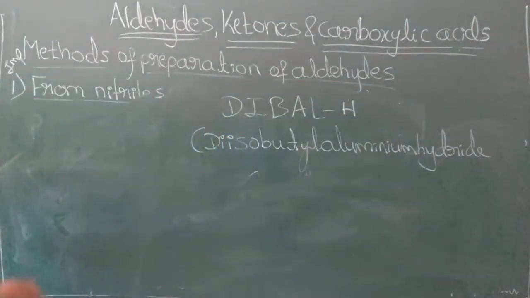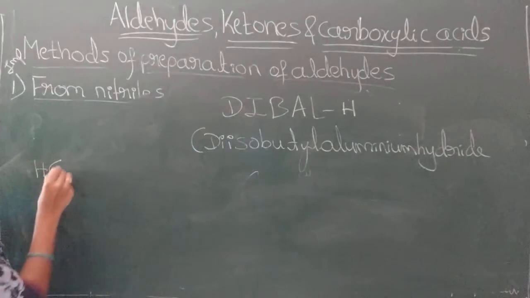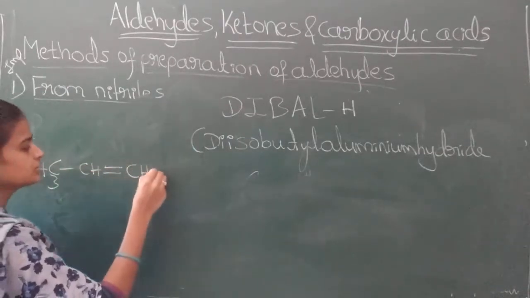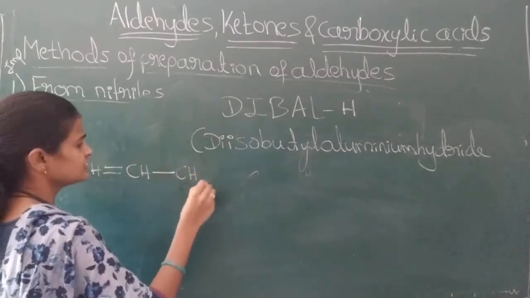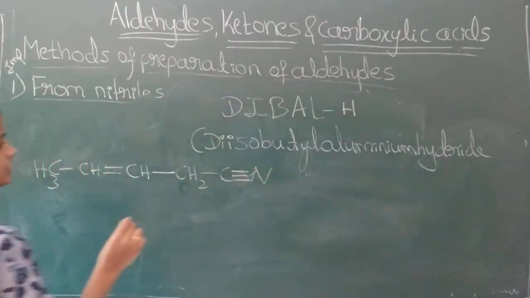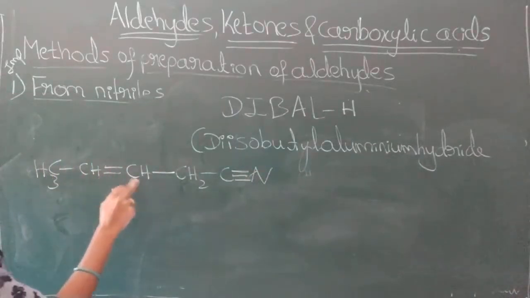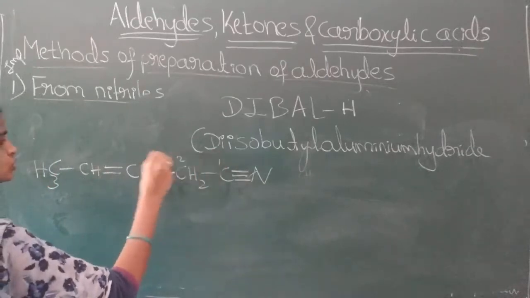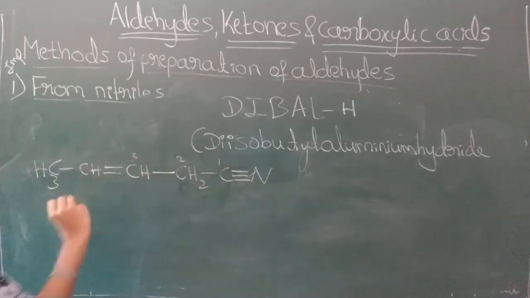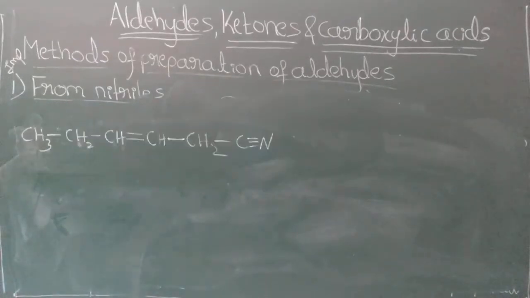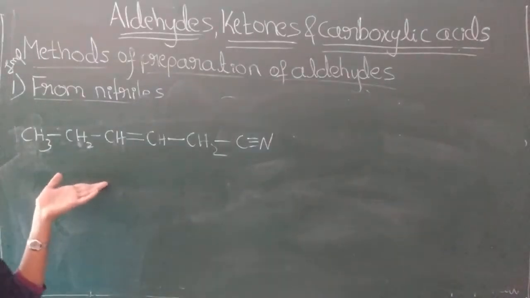Example: CH3, CH double bond, CH, CH2, C triple bond N. What is the name of this one? I have taken the example which is given in your NCERT.